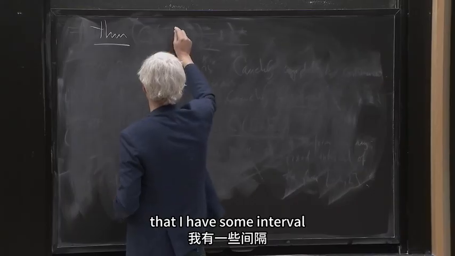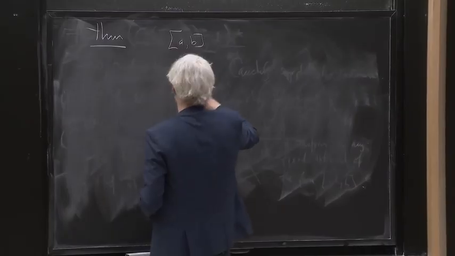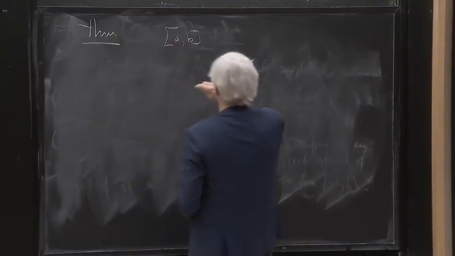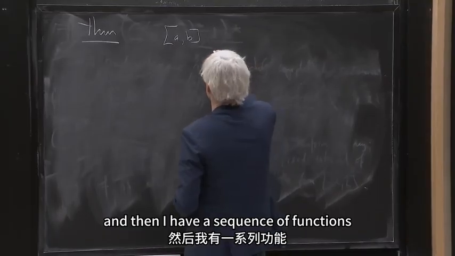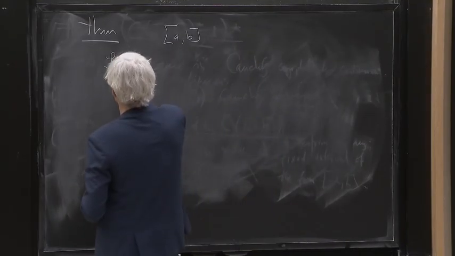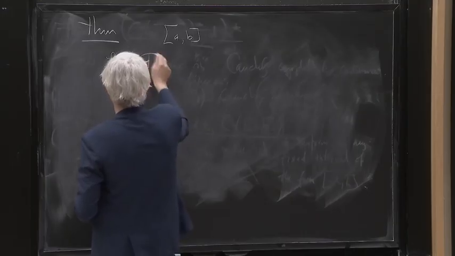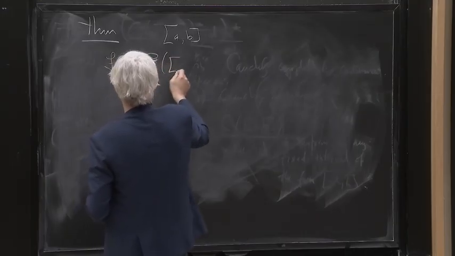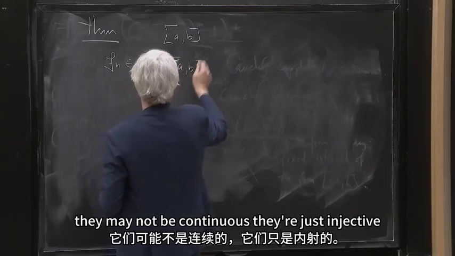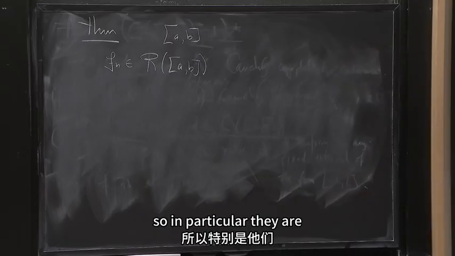I have some interval from a to b, and a sequence of functions Fn that are integrable. They may not be continuous, they're just integrable. So in particular, they are bounded.